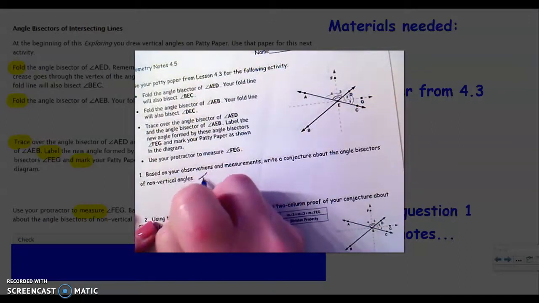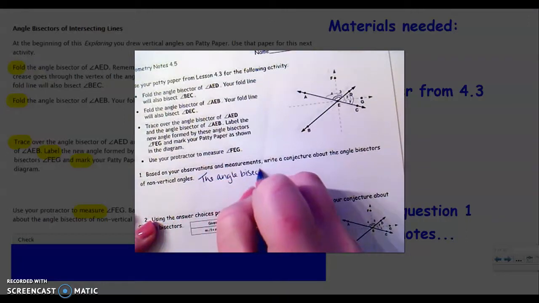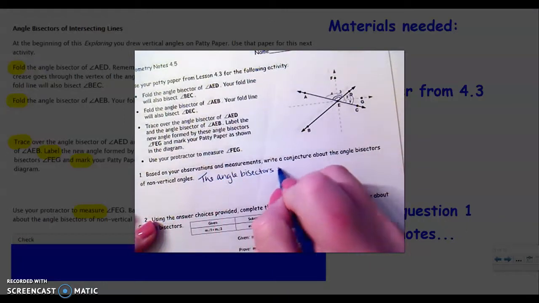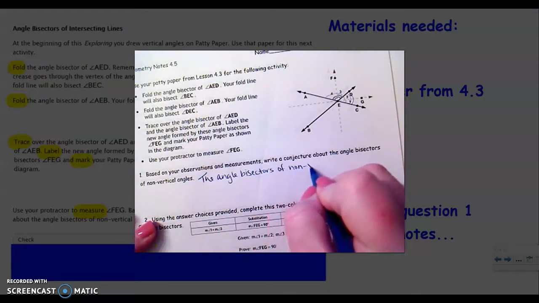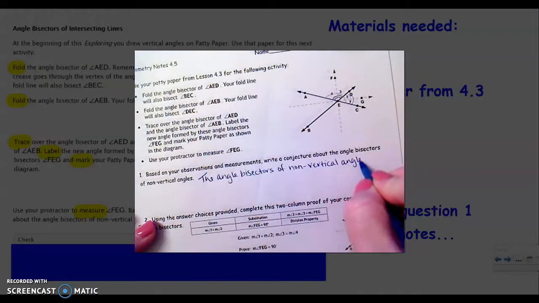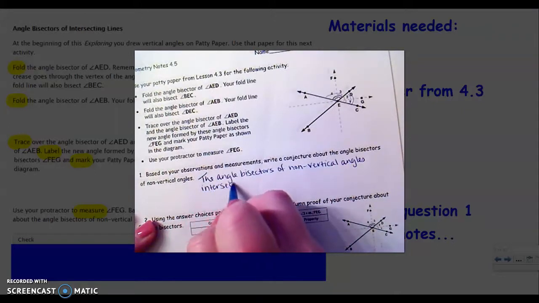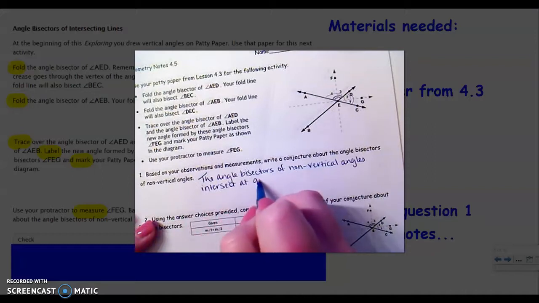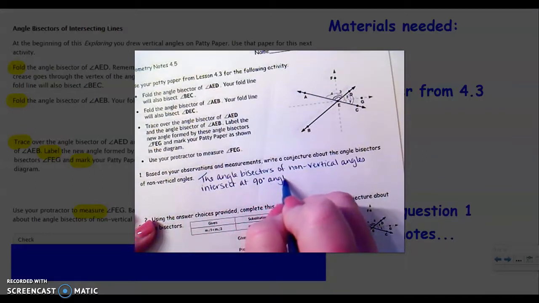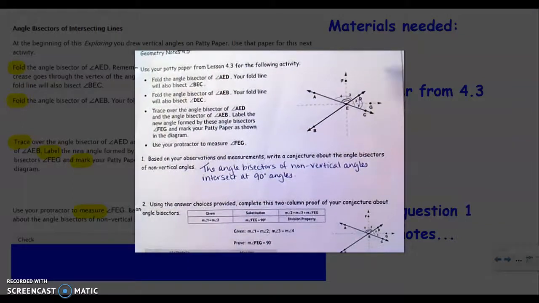So the angle bisectors of non-vertical angles, you can either say intersect to create 90-degree angles, or you can say they're perpendicular, because that means exactly the same thing.